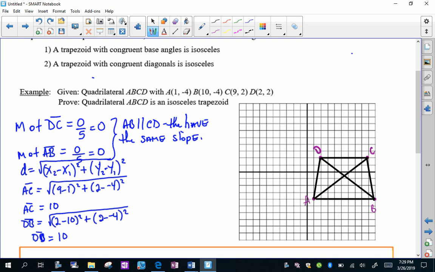Okay? Now I can make a statement, because I have that my diagonals are congruent. So let's use a different color.